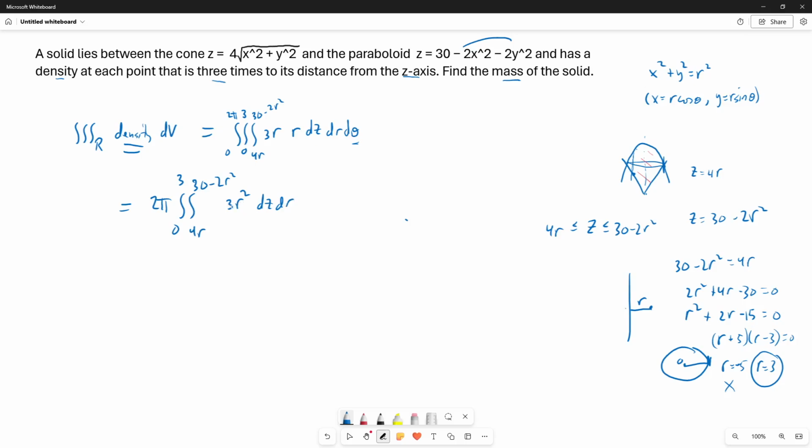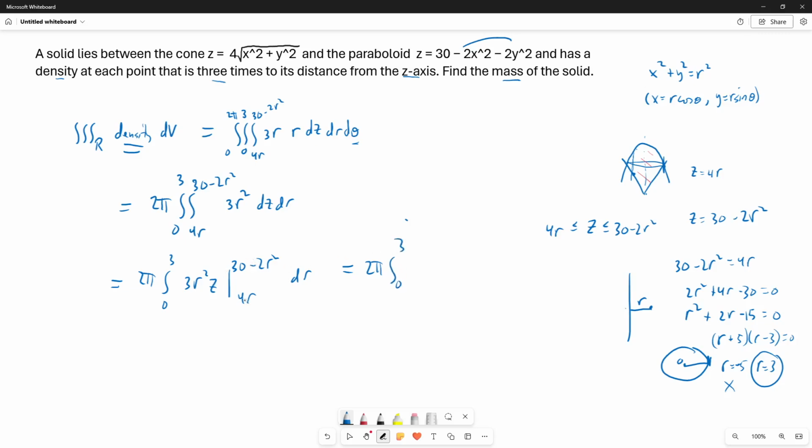So the inner integral is constant with respect to z. So the antiderivative is 3r squared z, and then we have to plug in the endpoints, 30 minus 2r squared and 4r, and then integrate with respect to r.